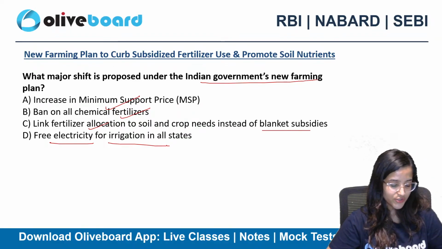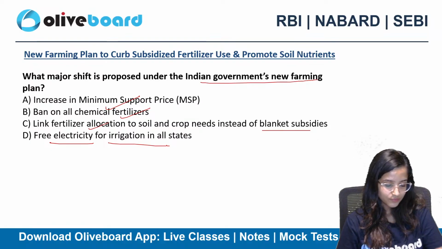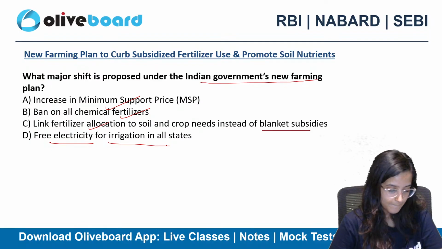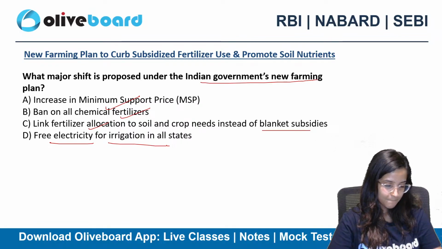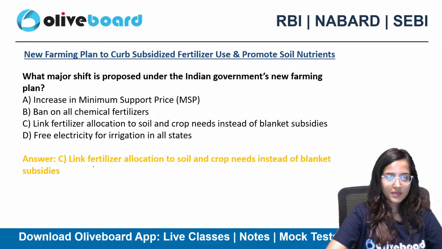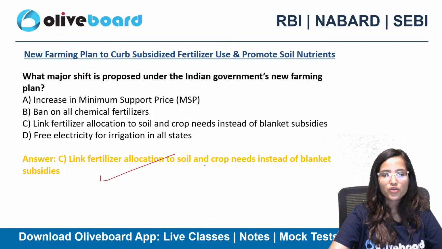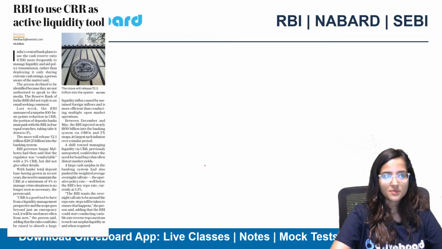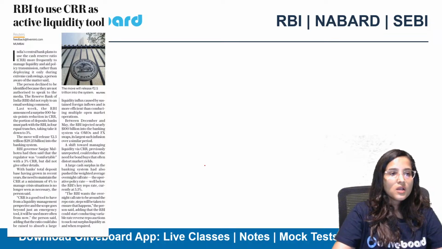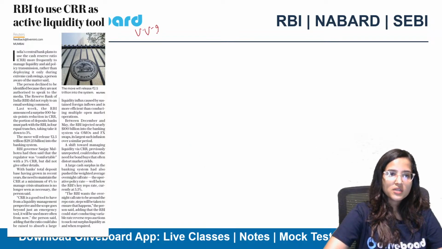I want quick answers, all of you. Right. Link fertilizer allocation to soil and crop needs instead of blanket subsidies. Okay? Again, very important article.